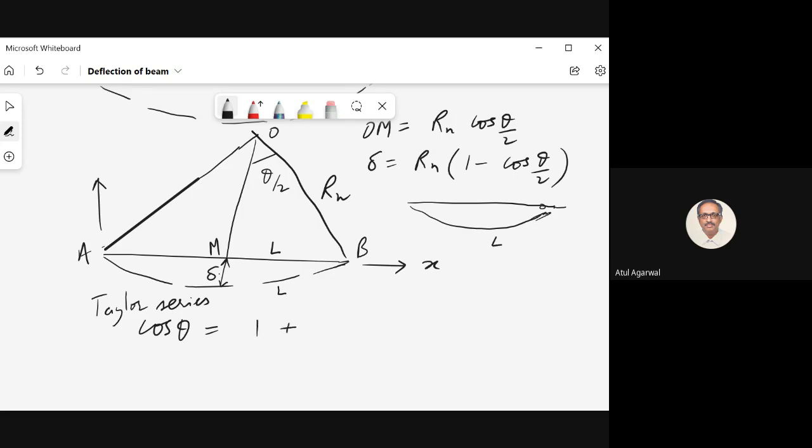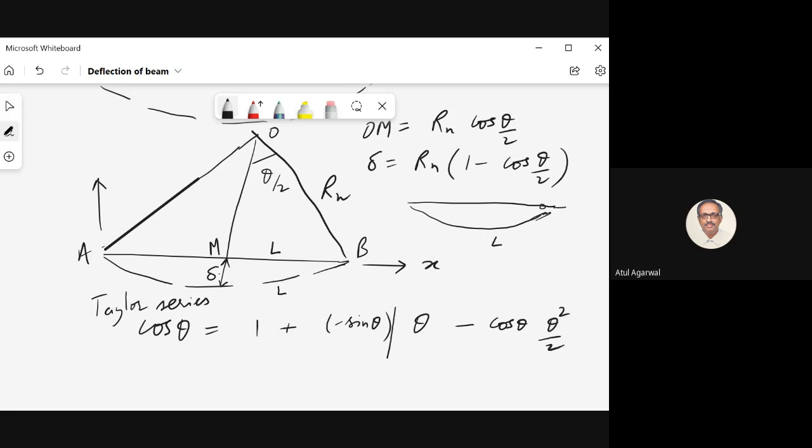Then I take the derivative of cos theta, which becomes minus sin theta into theta. Then the second derivative, minus cos theta, multiplies theta square by 2.